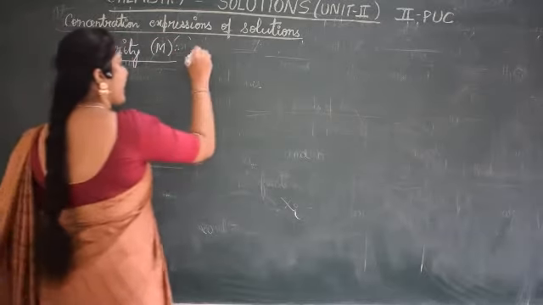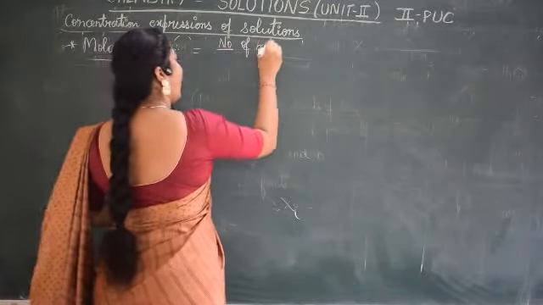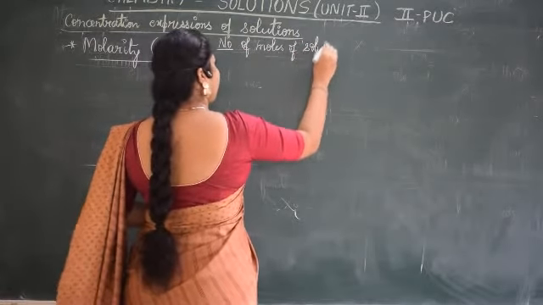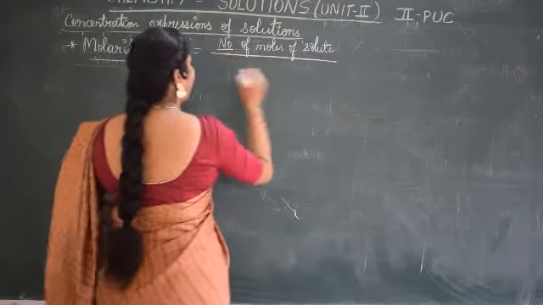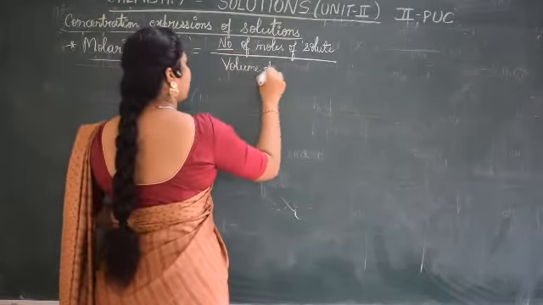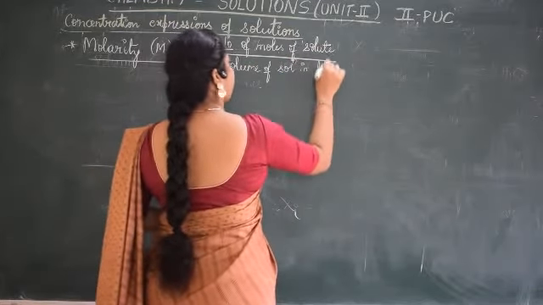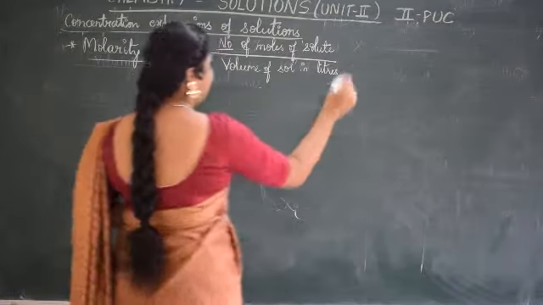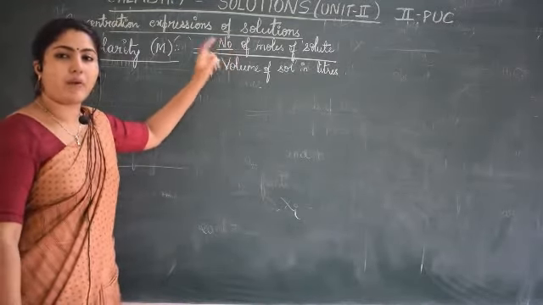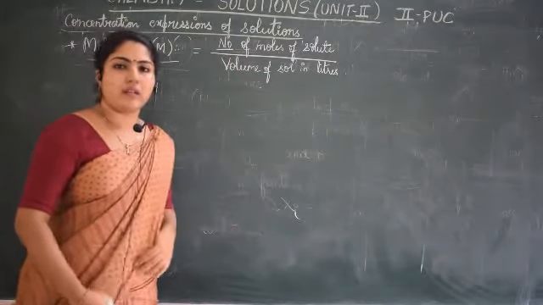Molarity is defined as the number of moles of solute in the volume of solution in liters. So we take the number of moles of the solute divided by the volume of solution in liters.